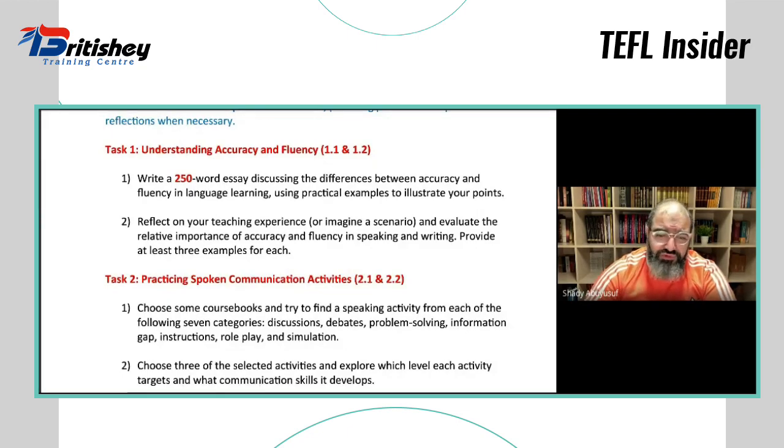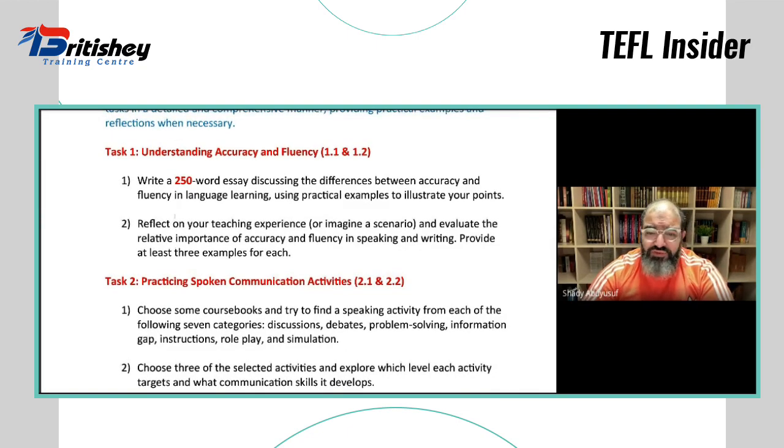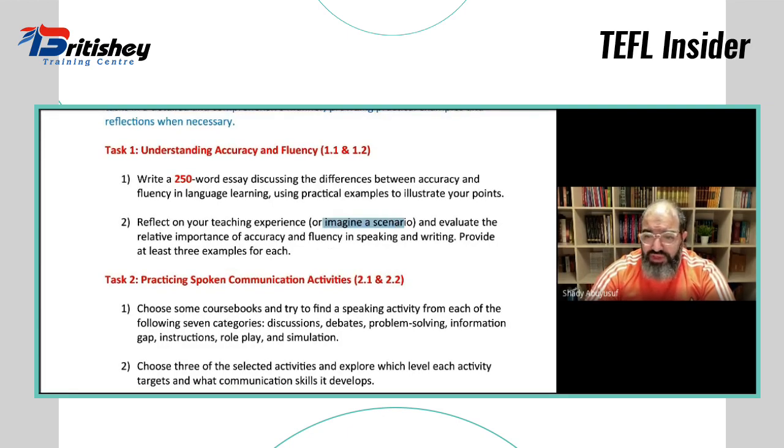Now let's go to part 2, and it says reflect on your teaching experience or imagine a scenario. So you have 2 options here: either something from my own experience or something that I imagine, a situation in a classroom, and evaluate the relative importance of accuracy and fluency in speaking and writing, so both productive skills.